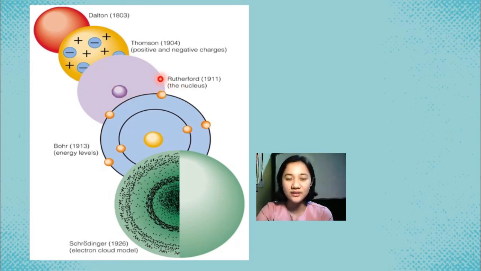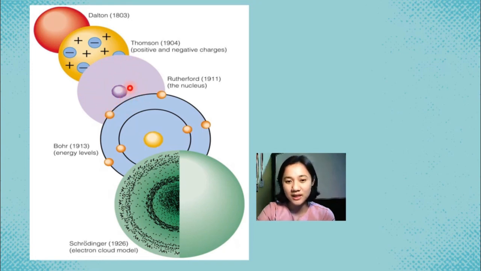Then, under Ernest Rutherford, marami siyang nalaman, that there is this central part of the atom called the nucleus, wherein within that center part of the atom lies the positively charged particle, which is the proton. And the electrons pala are located outside the nucleus.